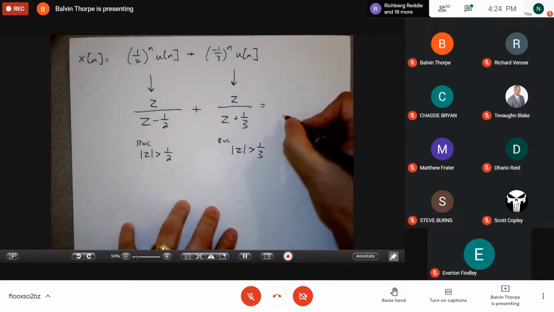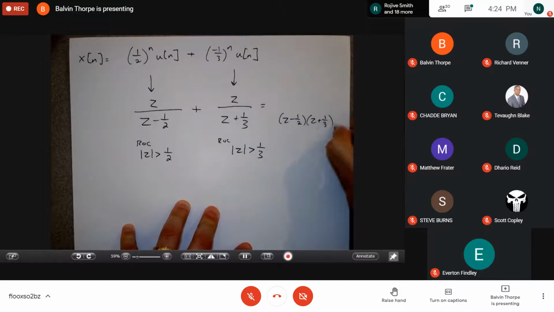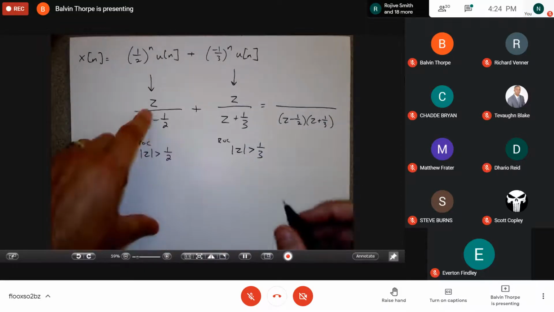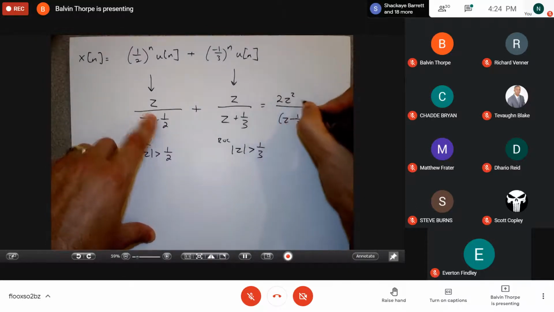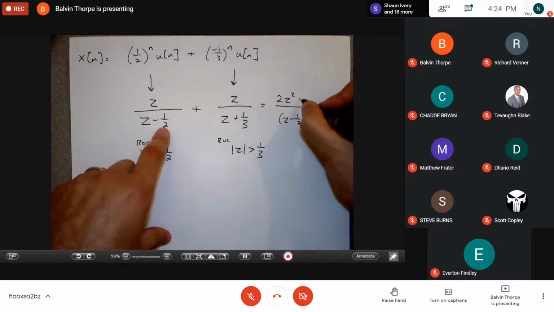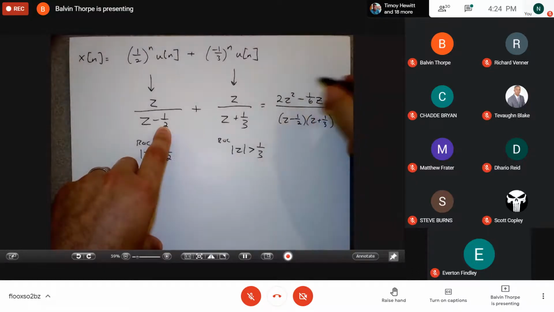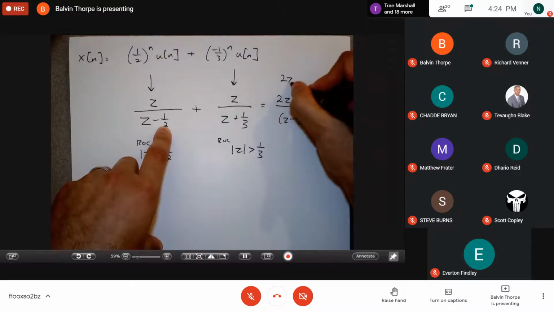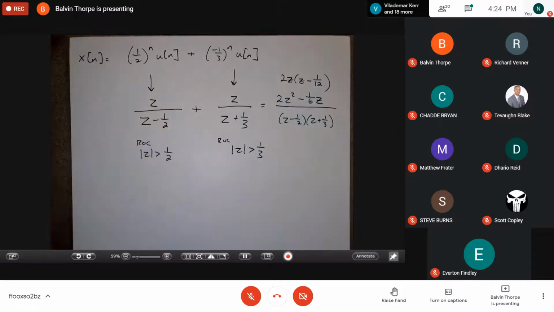I'm going to get Z minus a half times Z plus a third in the denominator, and in the numerator, I'm going to get 2Z squared minus a half of Z plus a third of Z, which is minus a sixth of Z. And if I factor out the Z, I get 2Z times Z minus 1/12. Okay. So I figured out what the algebraic form is.